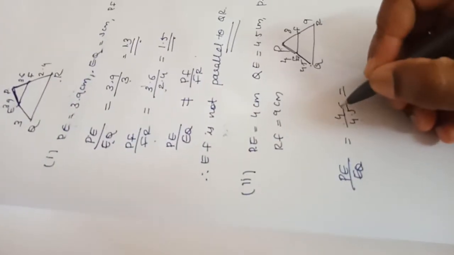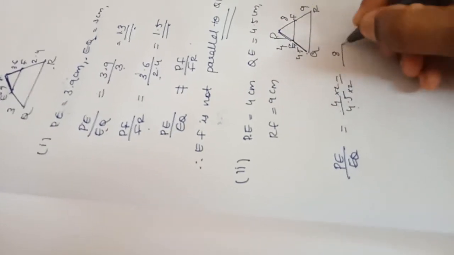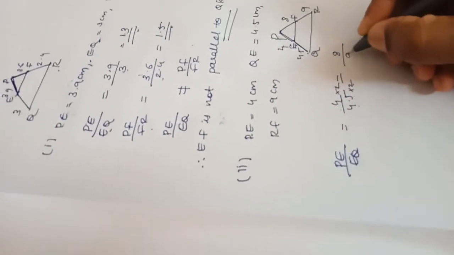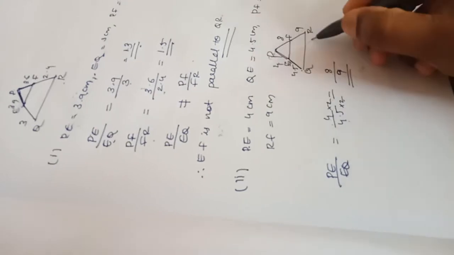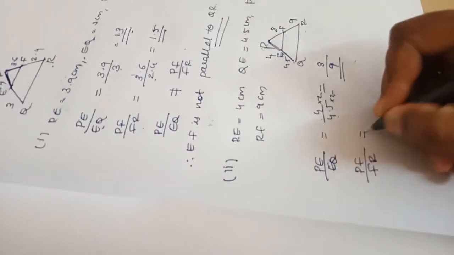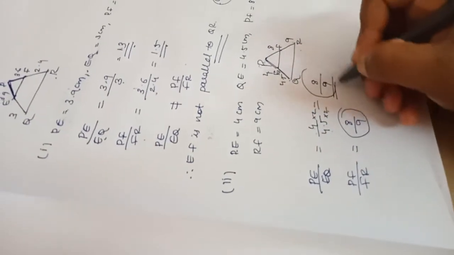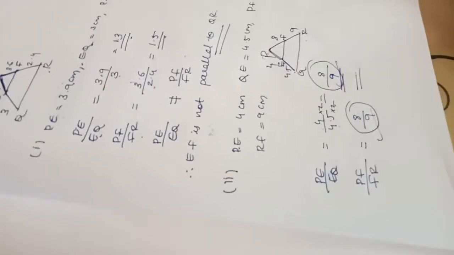So here I am multiplying 2, here also I am multiplying 2. 2 into 4 is equal to 8, 2 into 4.5 is equal to 9. Next I am calculating this side. PF divided by FR is 8 divided by 9. Now we got these two answers the same, equal, correct?